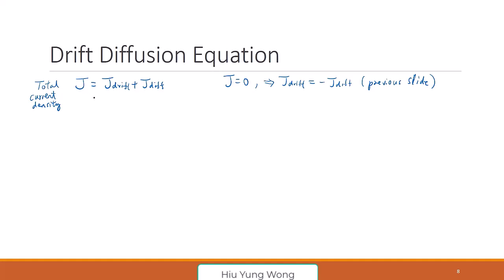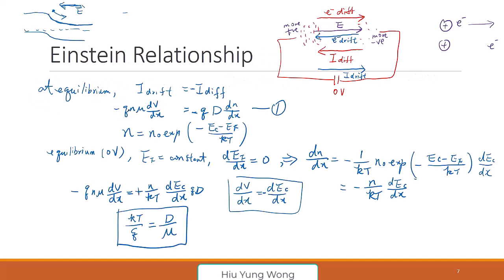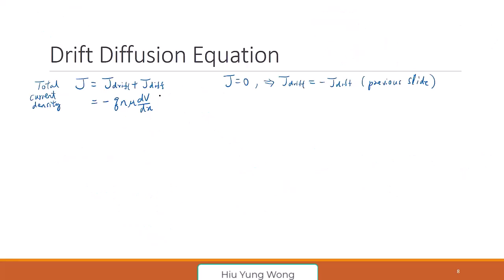Now, because of this, I can write this as this one: q n mu dV/dx. This is the drift current. Let's compare to here. This is the drift current. And then for diffusion current, it is q D dn/dx.